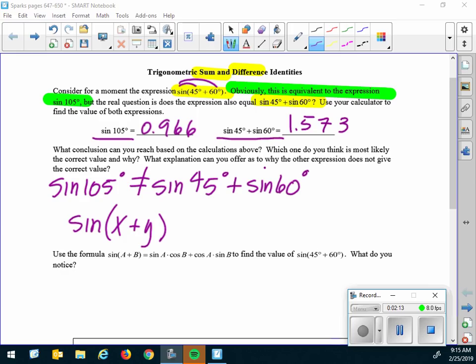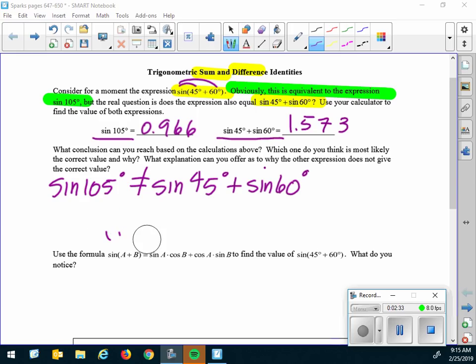It means the sine of some angle, but it is not sine times an angle. That's why you can't distribute, because it's not a multiplication. There is a more detailed answer in the filled in notes that are posted. If you want to look at that, that's fine.